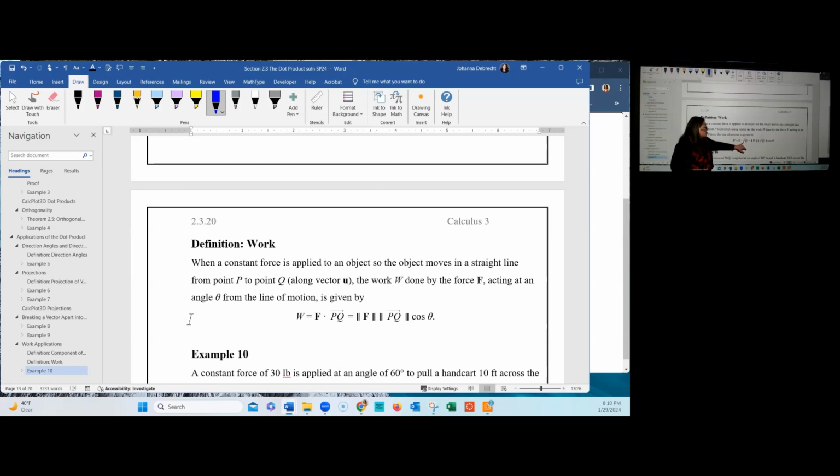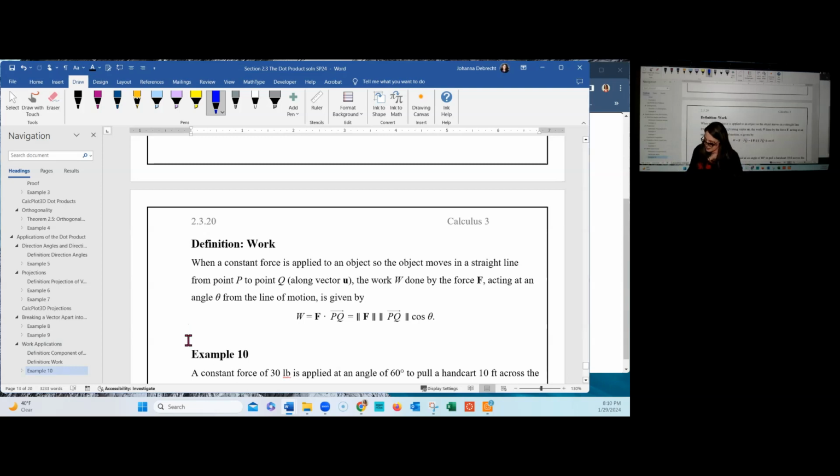So if it's moving from point P to point Q, what we end up with is the dot product of the force times the vector, which gives us the magnitude of F times the magnitude of PQ times the cosine of theta. Let's go ahead and put it in practical terms and work a very simple example.